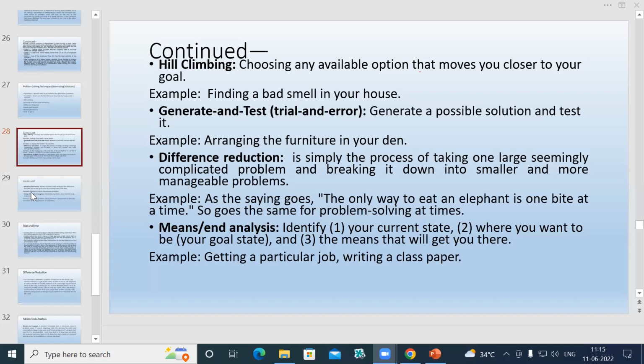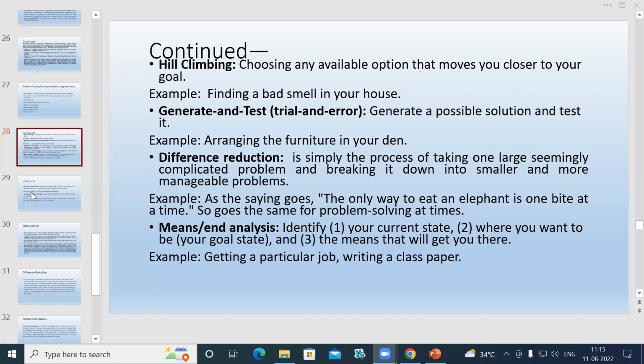Okay, there are some levels of solution in the problem. First we will do this, then we will do this, then we will do this. So in that way, stage wise, you reduce the complexity of the level. Okay, you reduce the difference, so you reduce the problem at various levels.